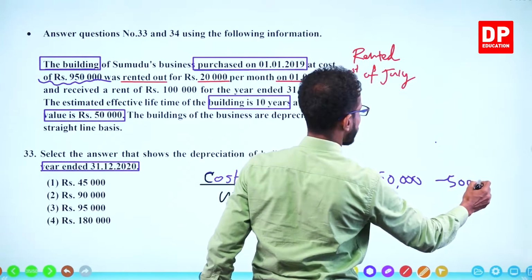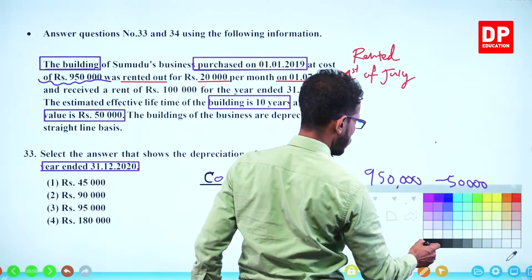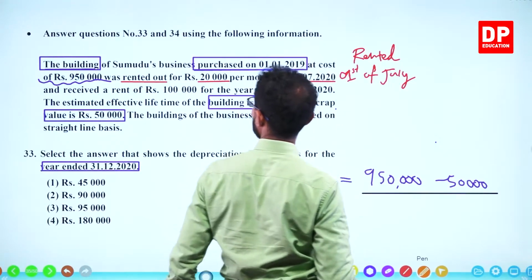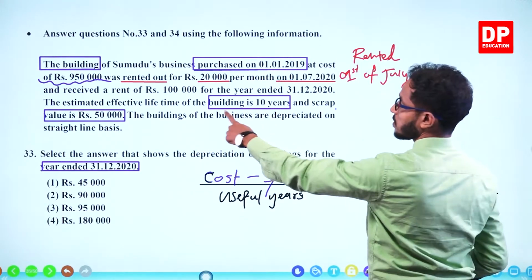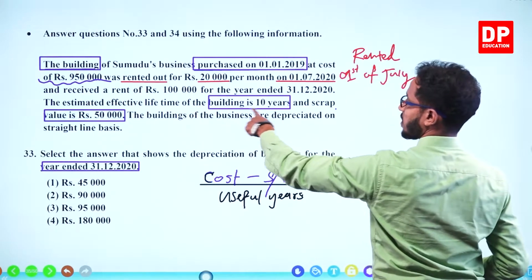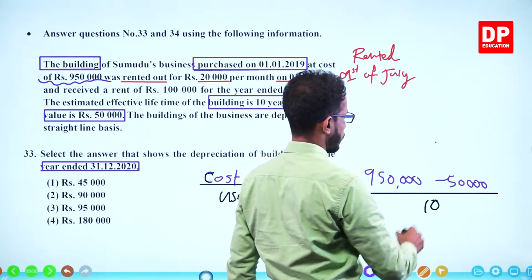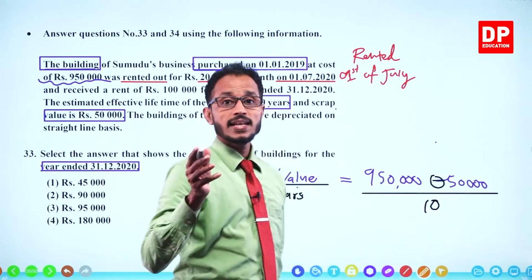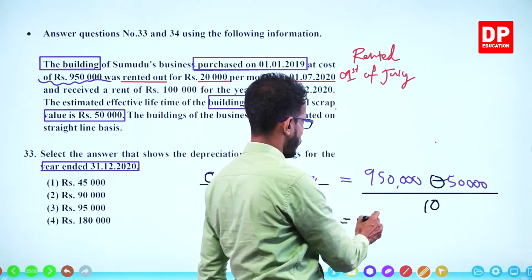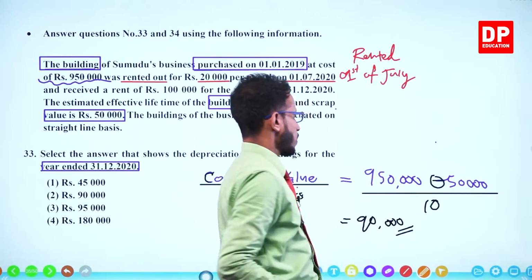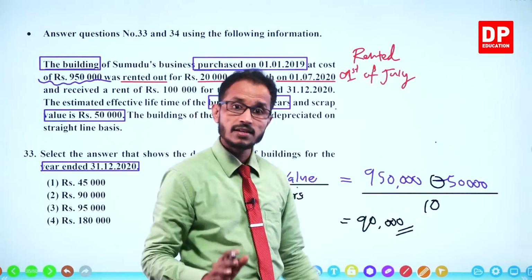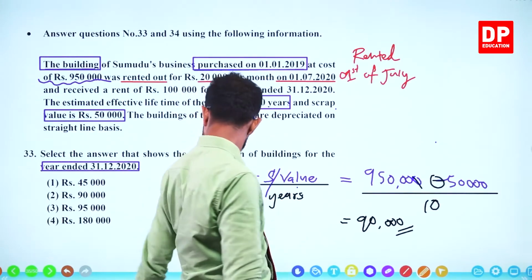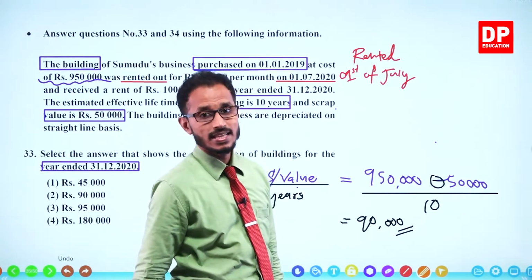So minus 50,000 divided by useful life. Effective lifetime of the building is 10 years, divided by 10. 950 minus 50, it's 900. 900 divided by 10, it's 90. 950,000 minus 50,000, 900,000. 900,000 divided by 10, it's 90,000.